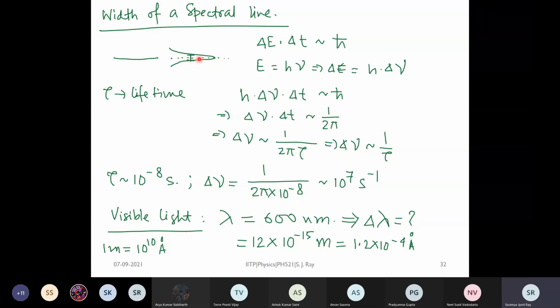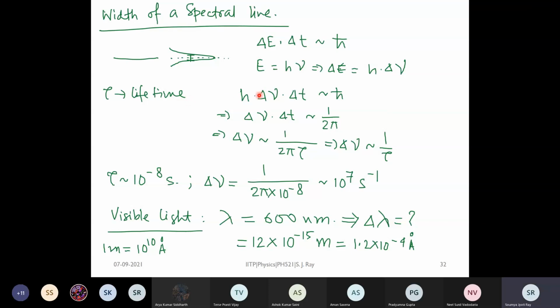If I want to calculate this, then I will use the uncertainty principle, which is delta E dot delta t of the order of h bar. Now E we can write equal to h times nu, where h is Planck's constant and nu is the frequency, and I can write delta E equals h times delta nu. Now let's say tau is the lifetime of one particular state.